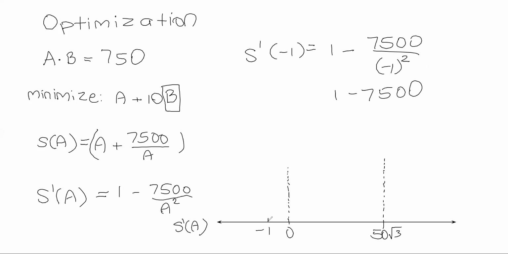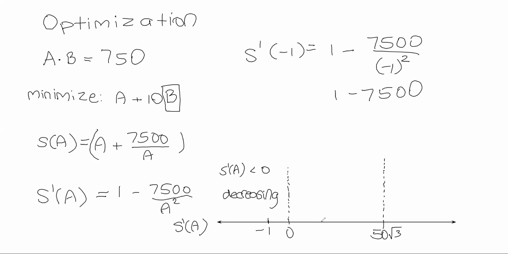So this produces a negative derivative, which means the derivative is going to be negative in this entire first region. Which means that we experience only decreasing behavior on this interval. Our function only decreases.